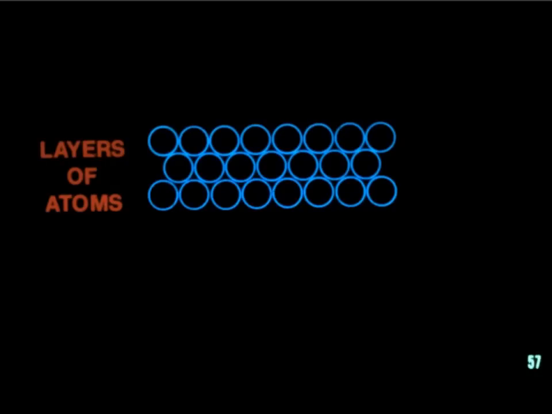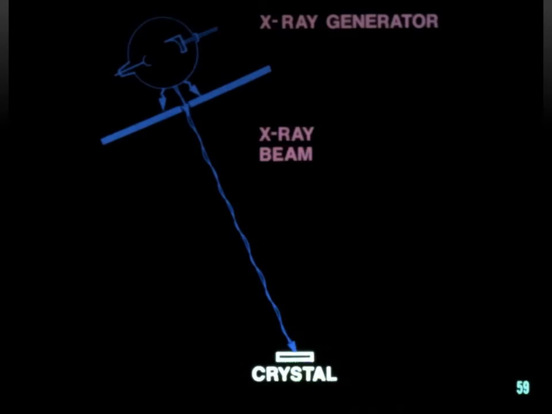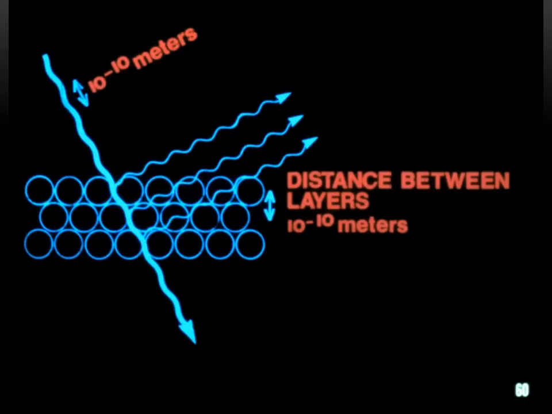The atoms in crystals are arranged in orderly layers. Conveniently, these layers are about 10 to the minus 10th meters apart, just about the same length as the wavelength of X-rays. Consider what happens if a beam of X-rays is directed at the surface of a crystal. Part of the beam is reflected from each layer of atoms as it passes through the crystal.